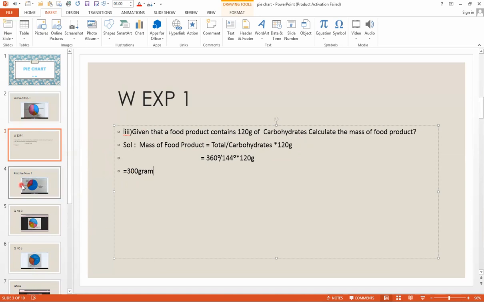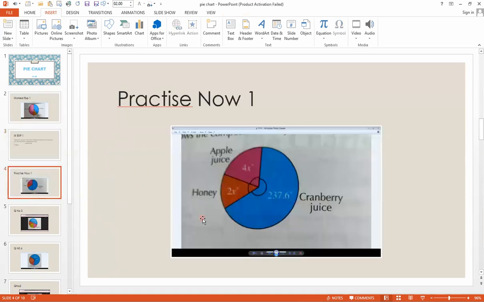So we have to move towards practice now 1. All these are interrelated. Again and again, I will tell you, question number 2, work example number 1, and practice now 1 are all interrelated. So firstly we have to do this. According to practice now 1, again they gave you a pie chart. Cranberry juice, that is 237.6 degree. Apple juice 4x, and honey 2x.